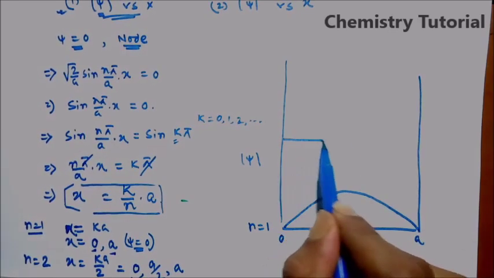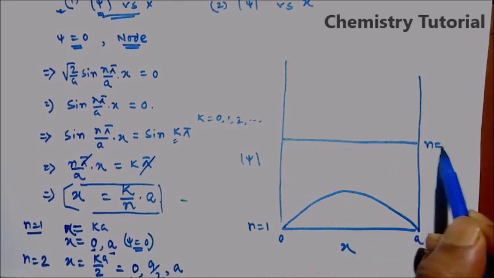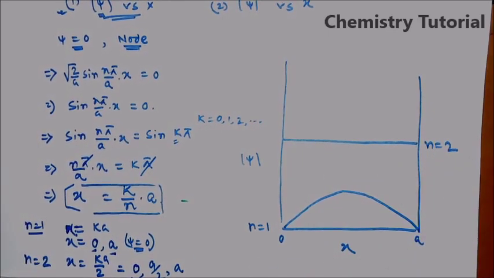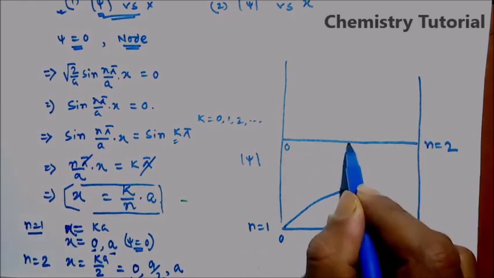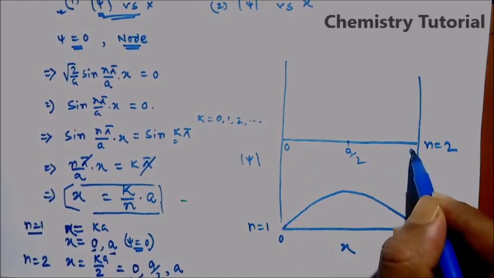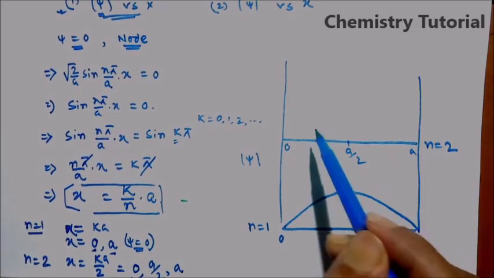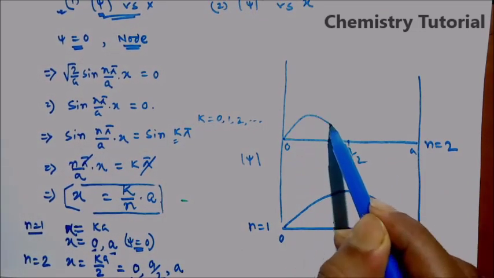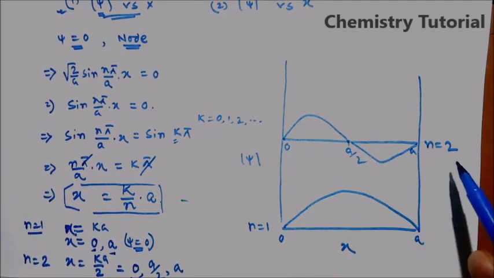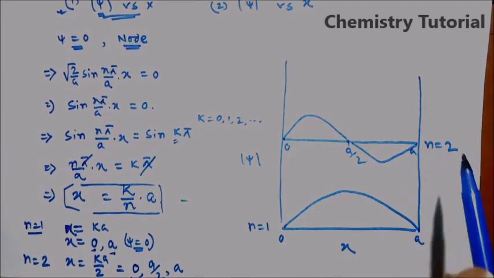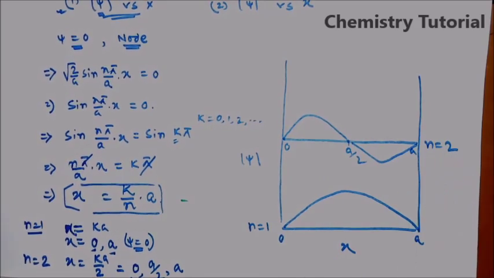Similarly, for n equal to 2, we find that there is a node at 0, a by 2 and a, so the wave function can be represented this way. Similarly, we can also represent the wave function for n equal to 3, 4 and so on.